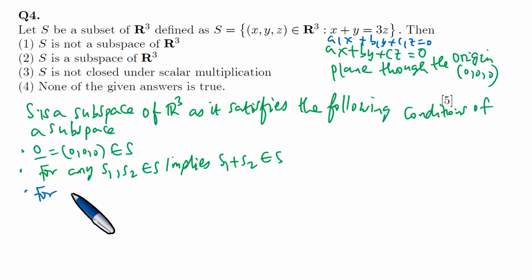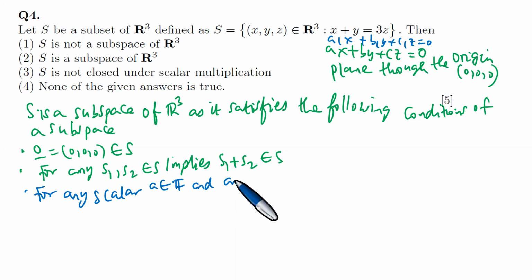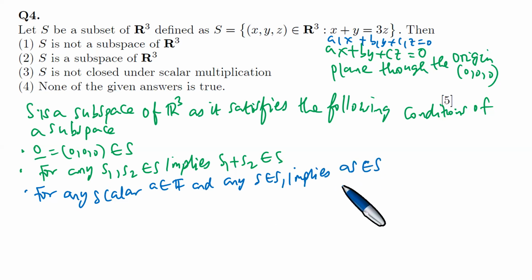For example, for any scalar A in the field, and any S, this implies that AS is an element of S. If you take a plane through the origin and you multiply it by a number, a field element, the field is like the set of real numbers.